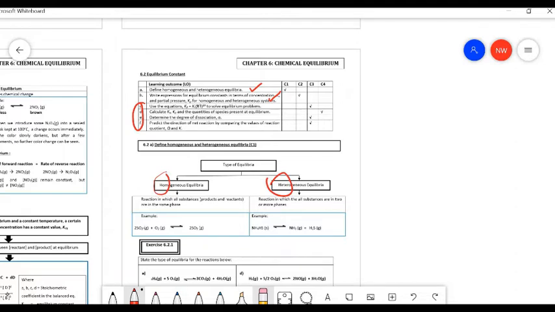Jadi ketiga-tiga molekul tersebut dalam phase yang sama. So kalau kita tengok heterogeneous equilibrium adalah reaction di mana all substances are in two or more phases. Example yang dibagi pada you, reactant kita NH4HS, phase-nya solid tetapi produknya ammonia phase-nya gas, H2S juga phase-nya adalah gas.